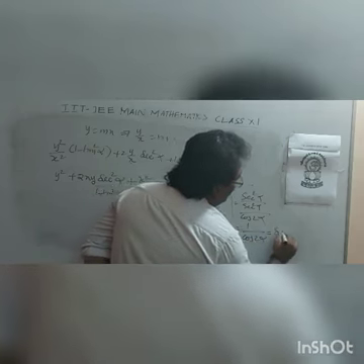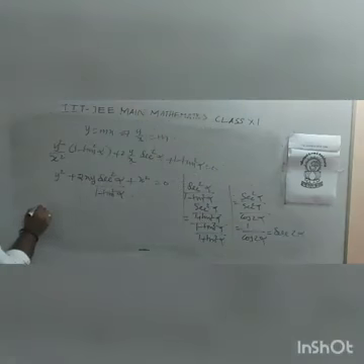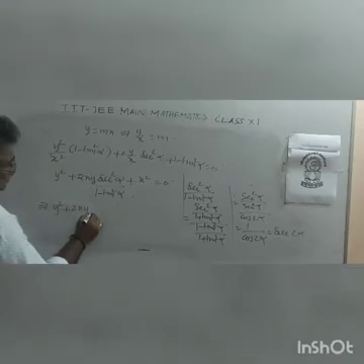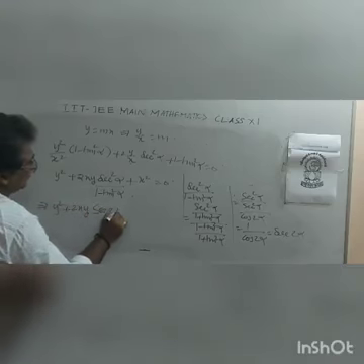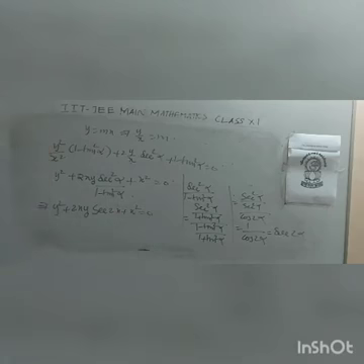One by cos 2 alpha, that is secant 2 alpha, which implies y square plus 2xy secant 2 alpha plus x square equals 0.